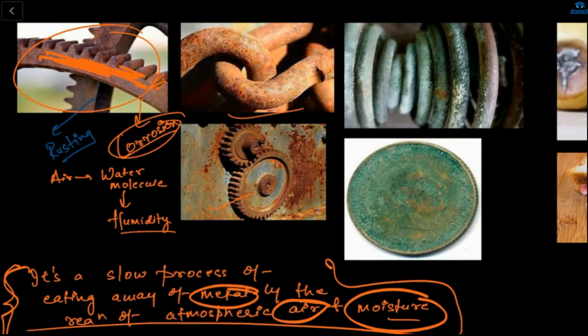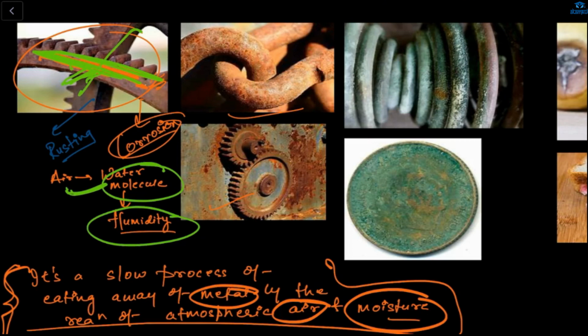See, what happens if we keep a metal in an open space, like on a terrace or wherever? In air, there is a water molecule in the form of humidity. So the water molecule or any oxygen gas present in the atmosphere will start reacting with my metal, not inside the metal, only in the outside covering of my metal.